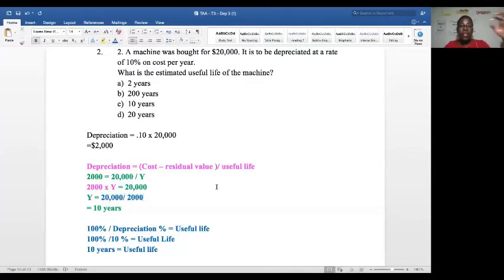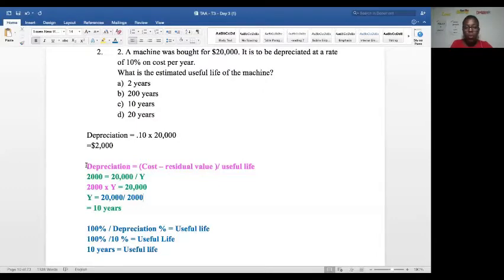Now, as a student, you can realize that, okay, my depreciation is 2,000. My cost is 20,000. There's only so many times 2,000 could go into 20,000. Each year I have to take away 2,000. I could just divide my 20,000 by my 2,000, and that's going to give me my useful life.